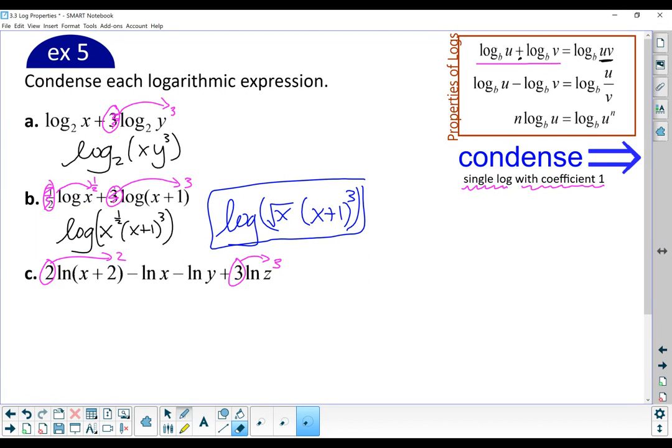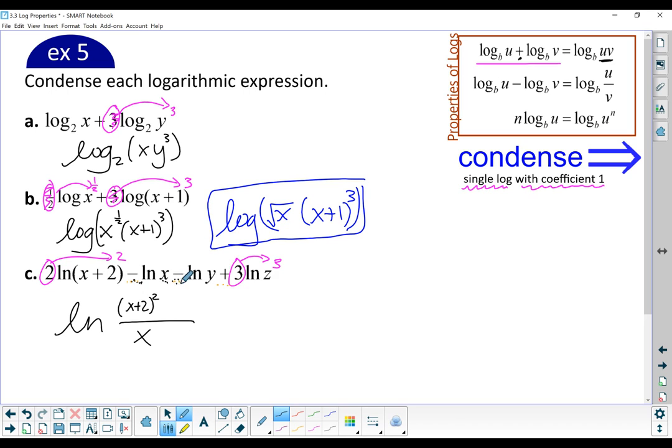So what you want to do is when you're condensing, you're just going to have a top and a bottom. You're just going to have a numerator and a denominator. And the sign of each of the logs tells you whether its argument is going to be in the top or the bottom. So this one is positive, so that x plus 2 squared is going to be on top. The next log is negative, so its argument is going in the bottom.